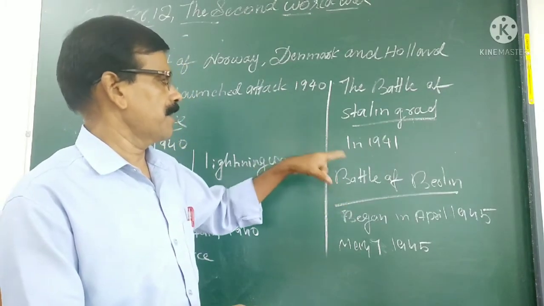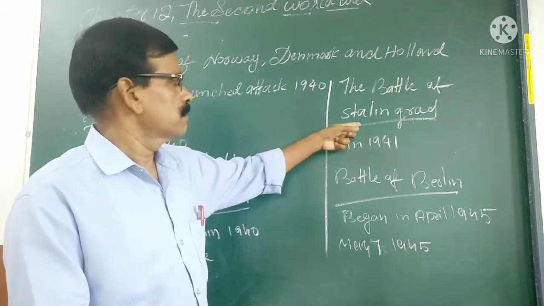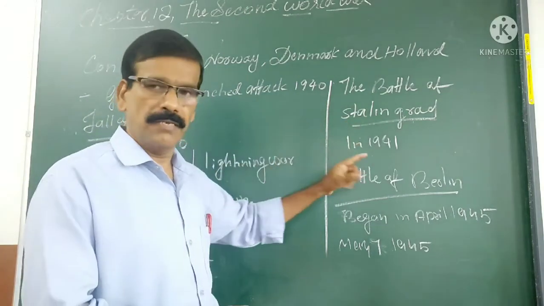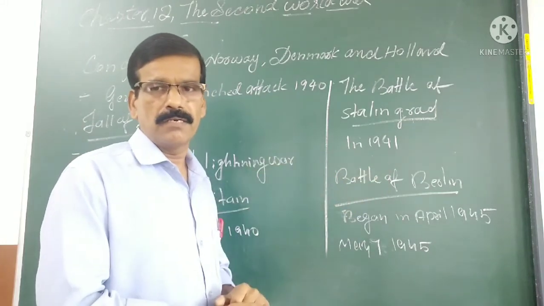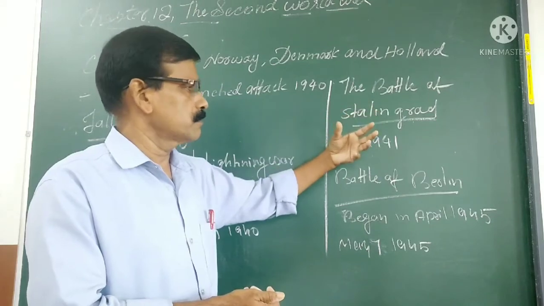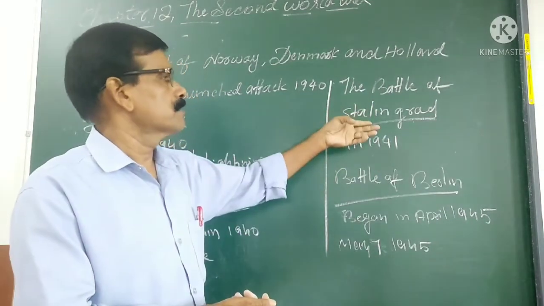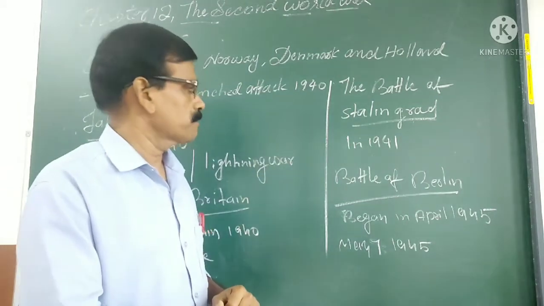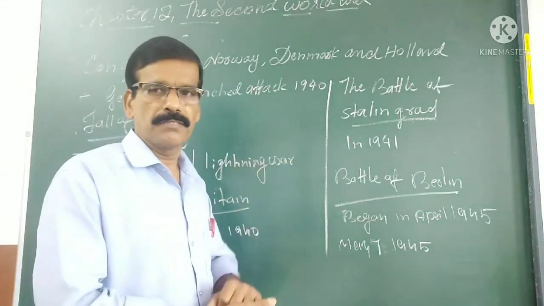He attacked Russia and wanted to take Stalingrad, an industrialized city, and add it to Germany. That is why he attacked Stalingrad. But Russia also began to attack Germany.